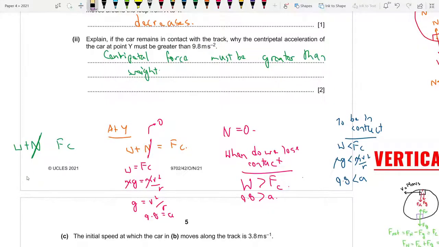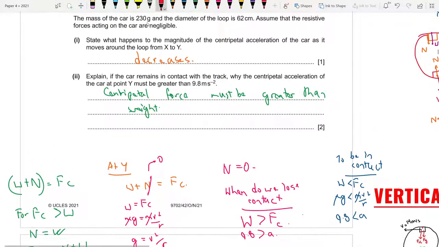But if N is not 0, think about it, this value will be a value greater than weight, and centripetal force will take that value, which is actually greater than 9.8. So for centripetal force to be greater than weight, it requires some contact force. It requires a value of N. This will only occur when N is present and Fc at that moment is equal to N plus W, because if N wasn't there, centripetal force would be equal to weight, and that wouldn't be enough to keep us in contact.